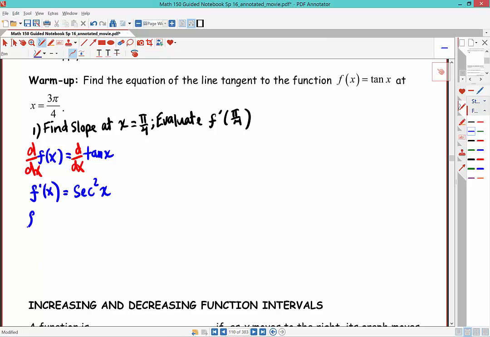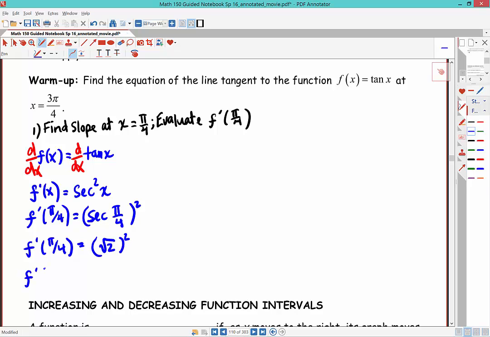Now we need to find f prime at pi over 4, so we'll have secant at pi over 4, this quantity squared, and then we'll have the square root of 2 squared. So the slope of the line tangent to this function when x is pi over 4 is 2.